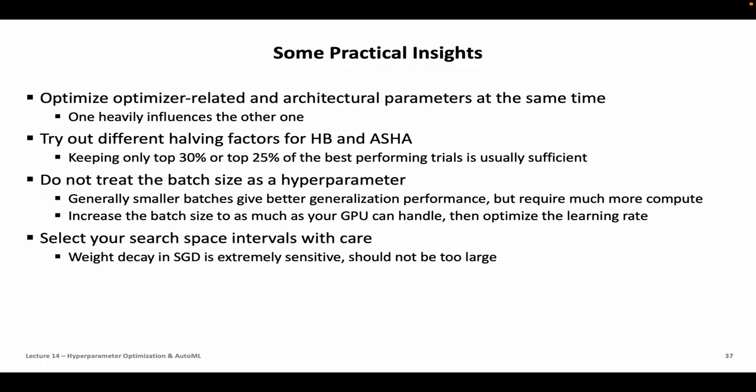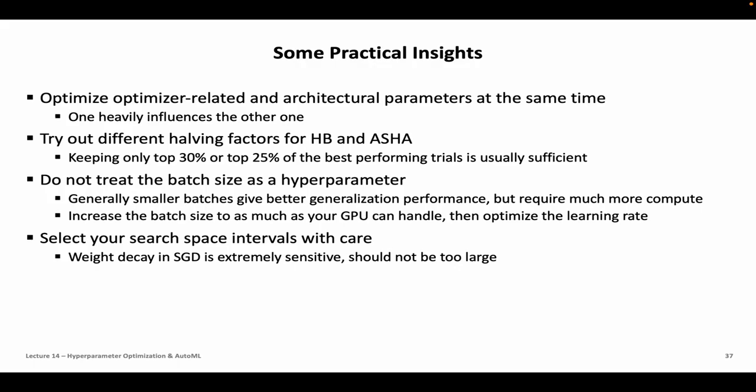The next point is to select your search space intervals with a lot of care. And one example here is the weight decay value, which you find in the classical SGD optimizer. This value is extremely sensitive. If you choose an interval that is too large, basically all your hyperparameter configurations will result in a bad performance if this weight decay value is too large.